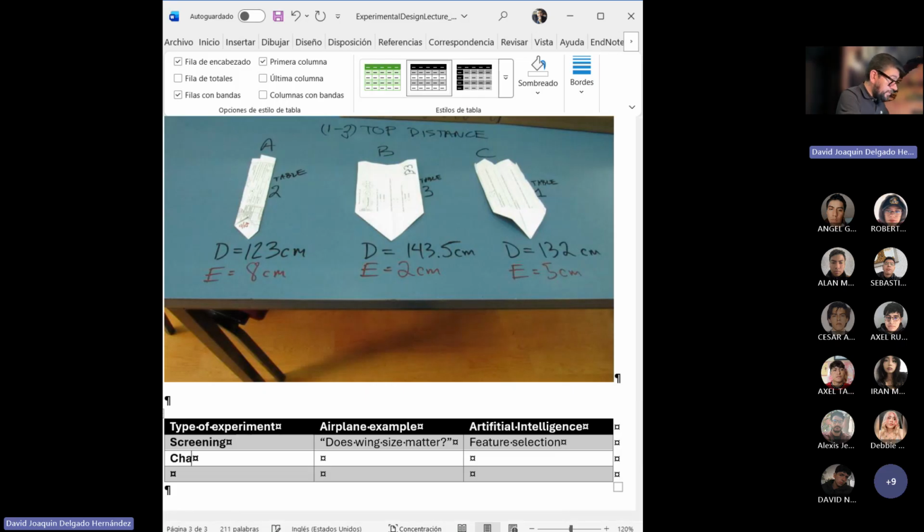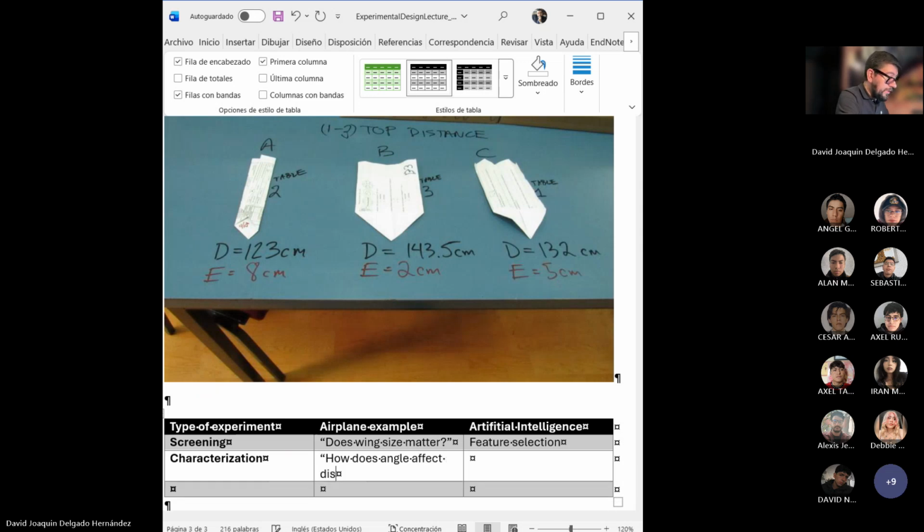In the characterization, the question will be, how does angle affect distance? Okay, that will be the question. So here I am going to choose different angles, but it would be something like, instead of 10, 11, 12, 13, and 14, which are very close together, I would have to choose more separated values.